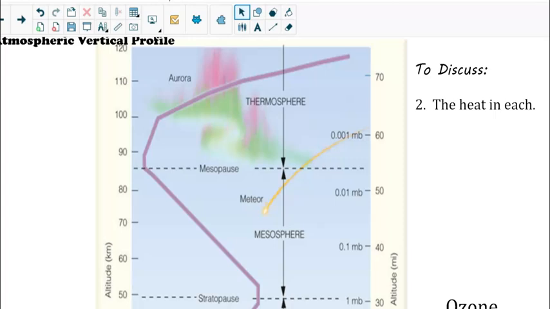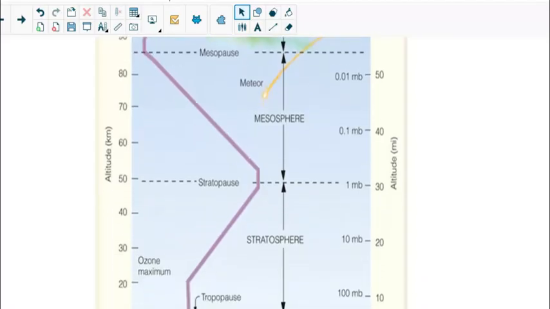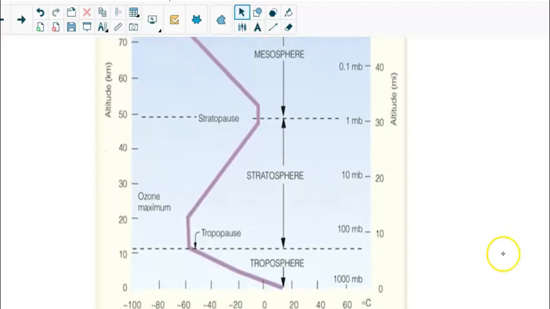Okay, so I just wanted to remind us about something that we probably learned with our blue sheet activity: close to the ground has the highest pressure, and then it's least as you go up. Same with density. Again, gravity pulls down all those molecules, so they'll be the most dense.